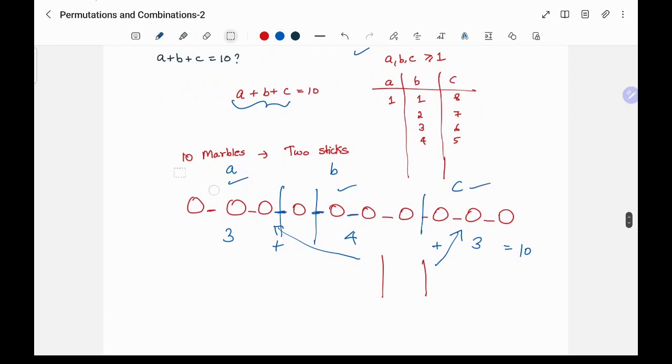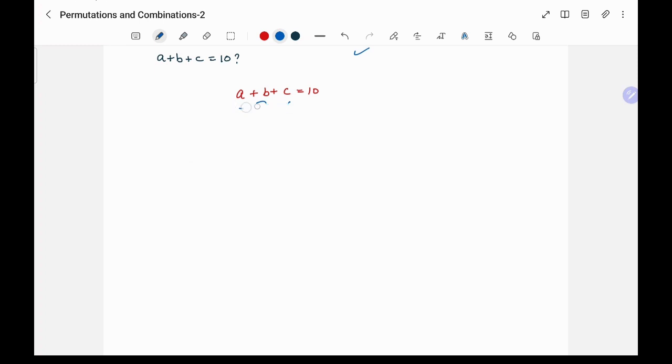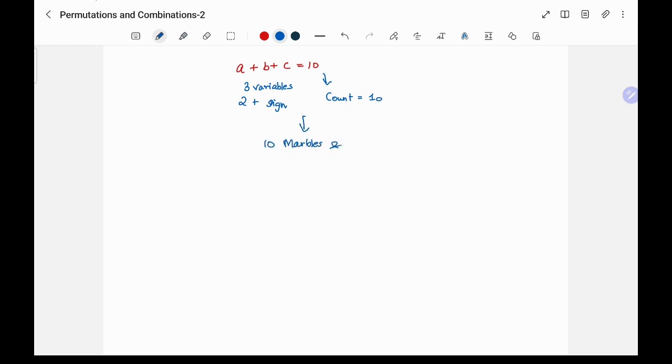So now I'll just redraw this. Sorry. So this I can convert into 3 variables, 2 plus signs, and the count is 10. This I can convert into 10 marbles and placing 2 sticks among them.